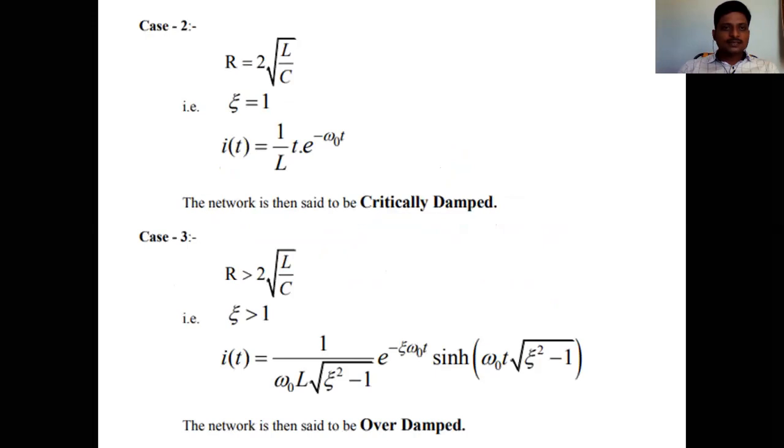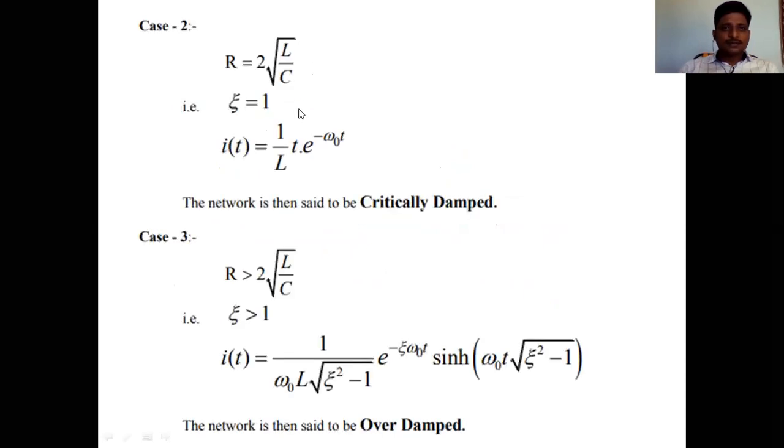And in case 2, if r is equal to 2 root L by c, zeta equal to 1, you will get this answer, that is I of t is equal to 1 by L into t into e power minus omega naught t. We call it a critically damped condition or critically damped function.